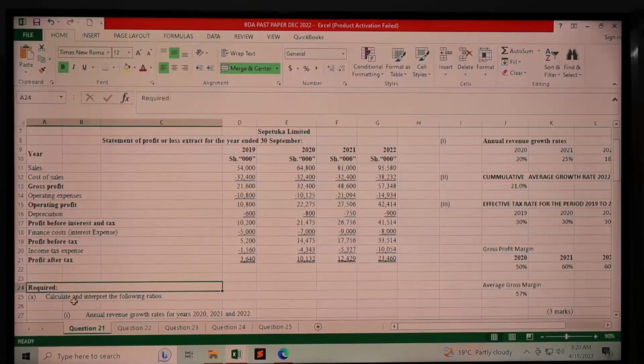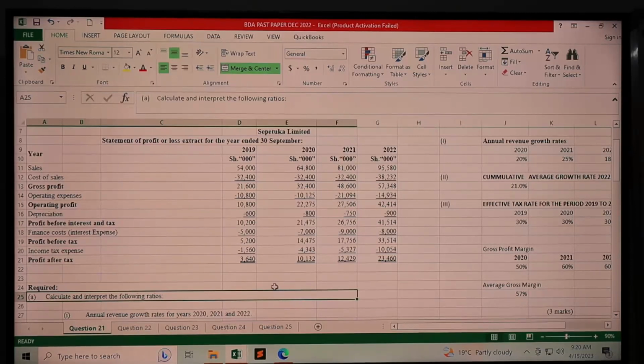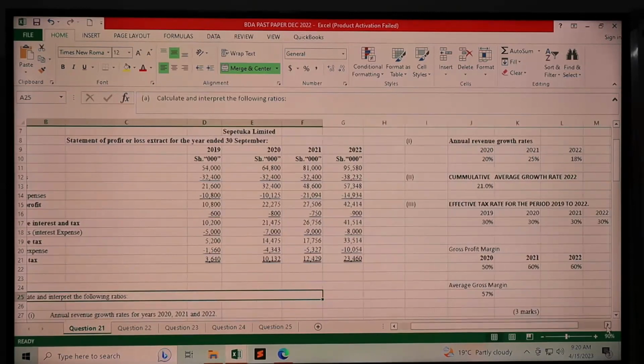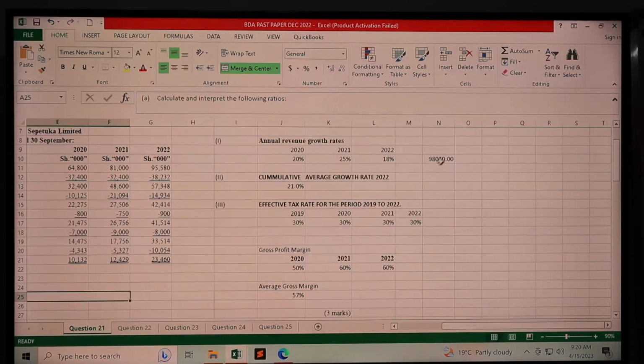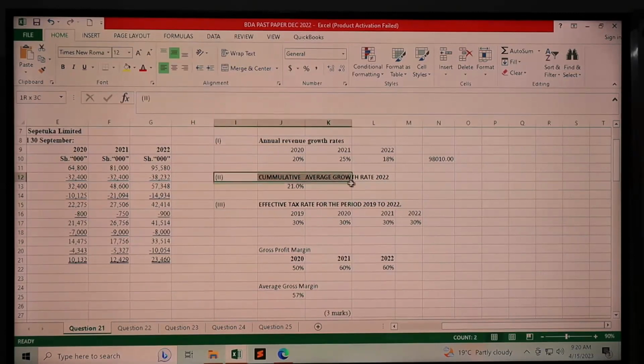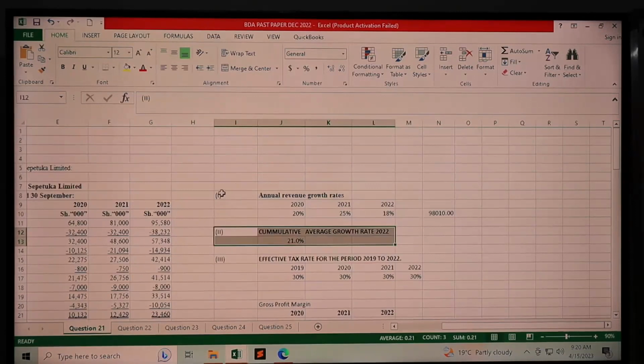You are supposed to calculate and interpret the following ratios. So remember that you have to leave a space for interpretation, after you compute this. You're supposed to leave a space for interpretation. It's always important to do your questions down there.